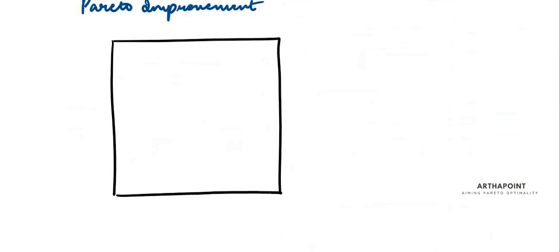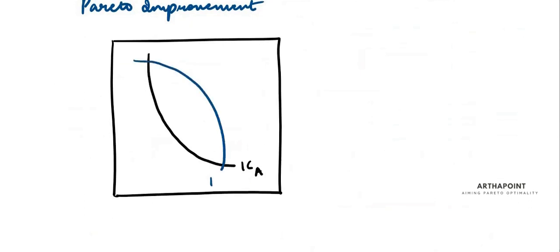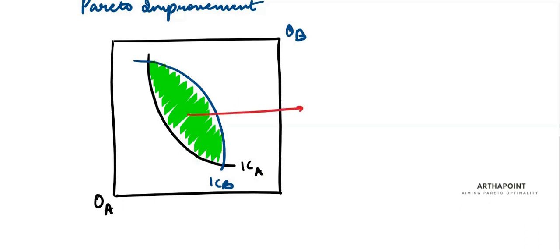Ideally, whenever in an Edgeworth box, this is an indifference curve of individual A, this is the indifference curve of individual B, this is his origin, this is origin of individual A. Whenever this lens is being formed, then this lens actually represents a mutually beneficial area.